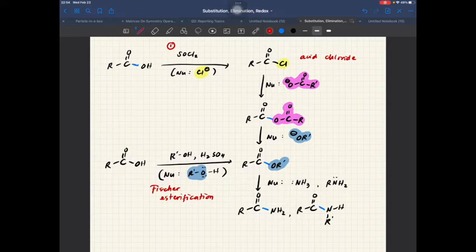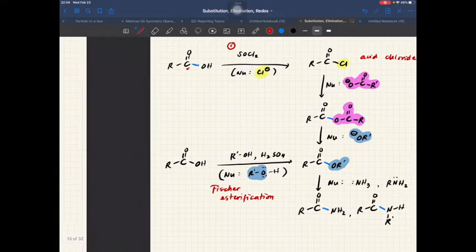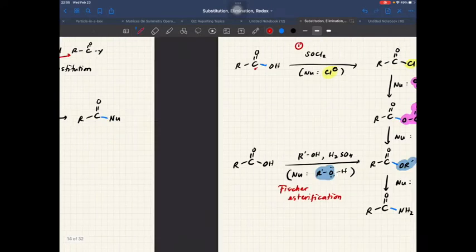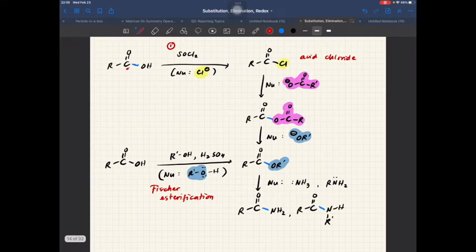Therefore the chloride will be able to attack this electrophilic carbon and form the final product, which is an acid chloride. It will still follow the same mechanism provided herein.